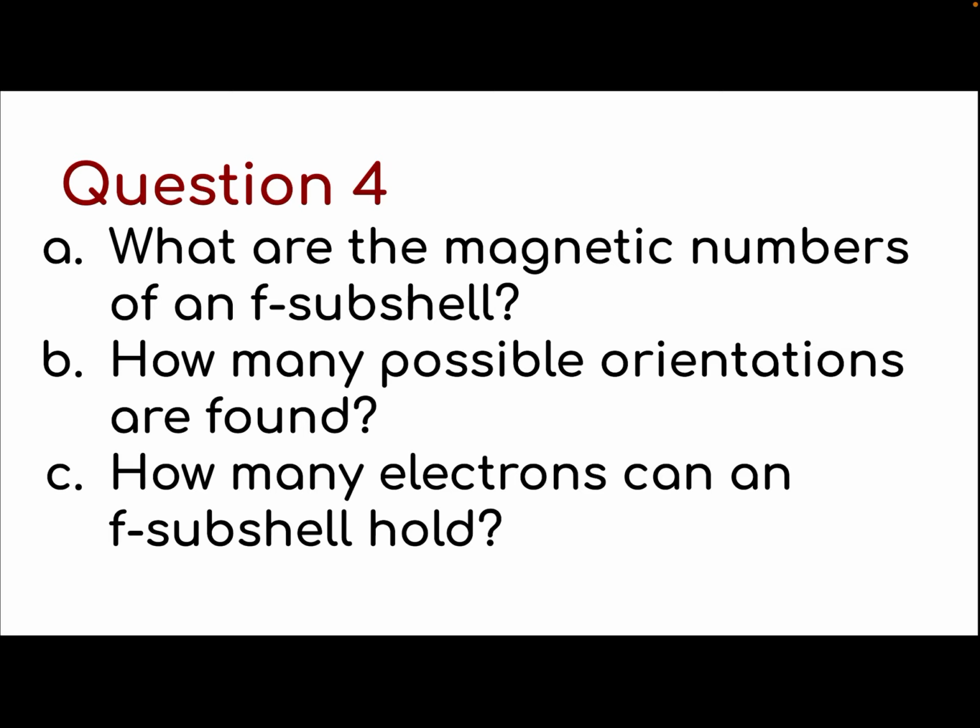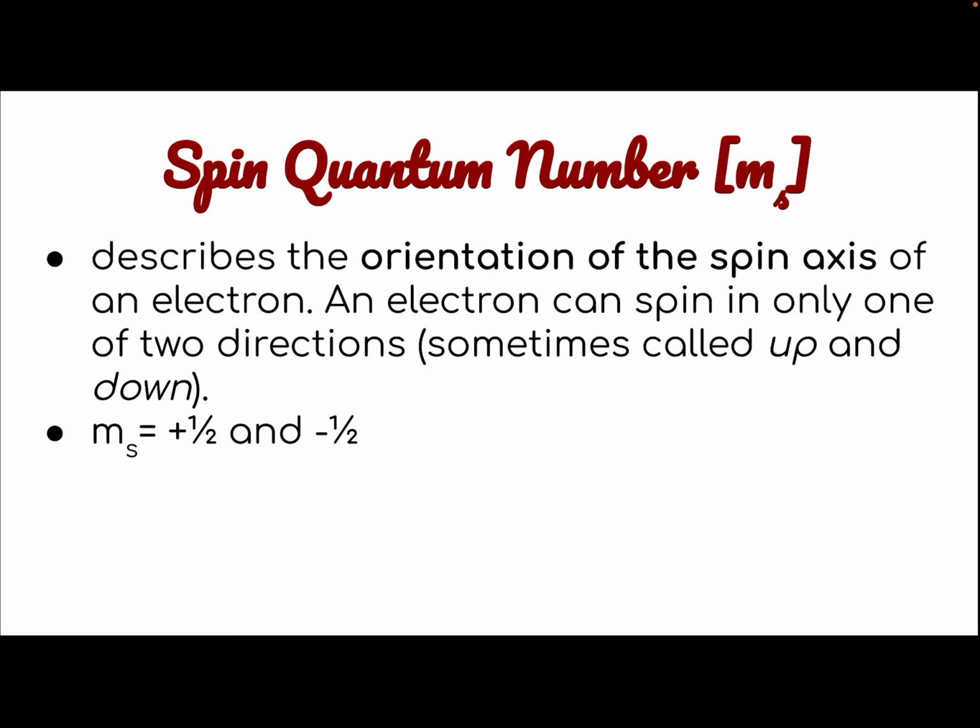Again, sa number 4, there are 3 sub-questions. Letter A, what are the magnetic numbers? Determine yun pag F. Letter B, how many possible orientations are there? And letter C, how many electrons can an F subshell hold?